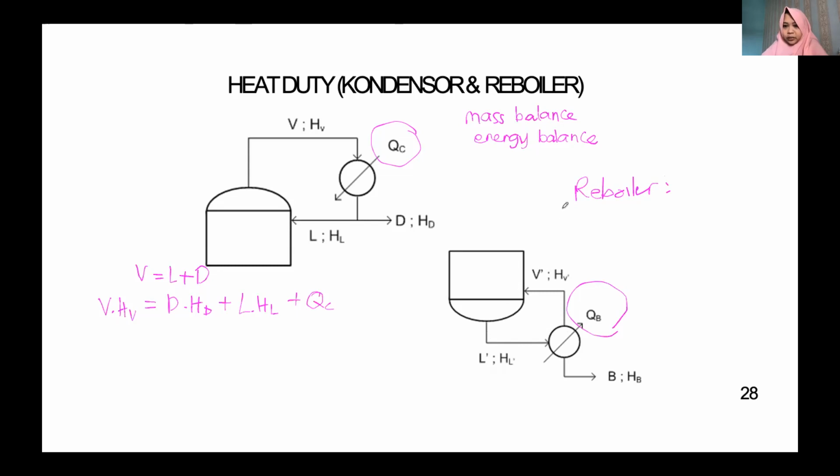For the mass balance, L equals V plus B. And for the energy balance of the reboiler, that means L and HL, and we also need to add the reboiler heat duty QB, which should be equal to V times HV plus B times HB.